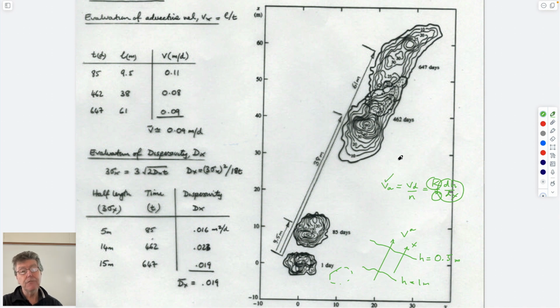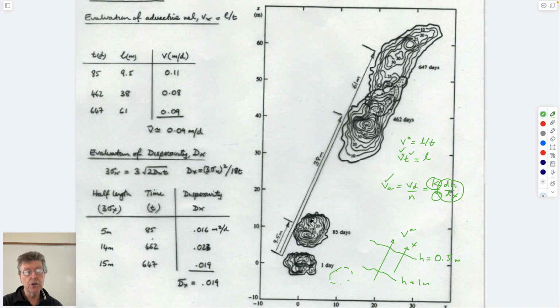If you know the advective velocity, then advective velocity is equal to length over time. And if you rearrange that to being multiply both sides by time. So if you know the advective velocity and you know 85 days, then you know a length.